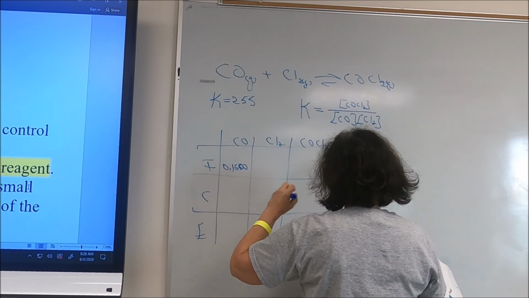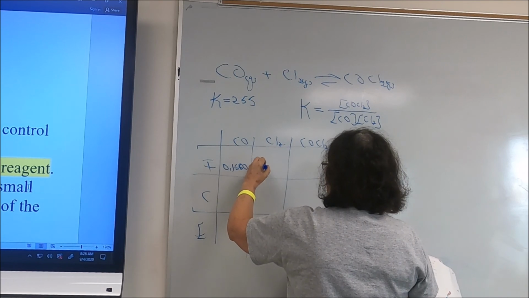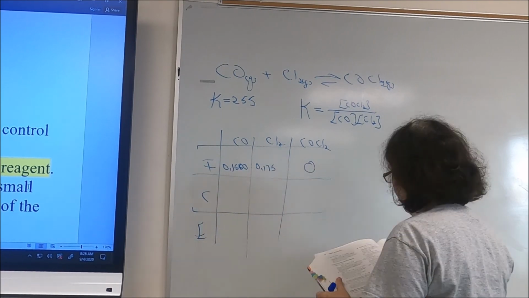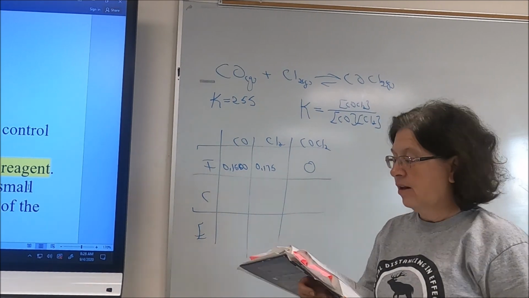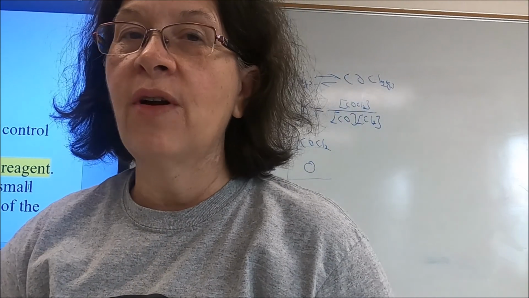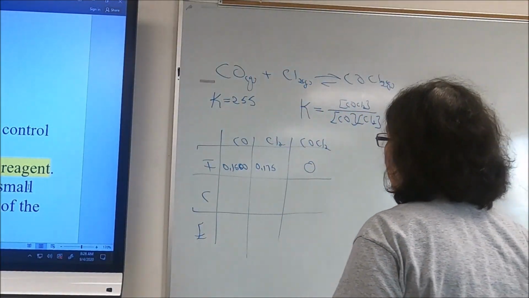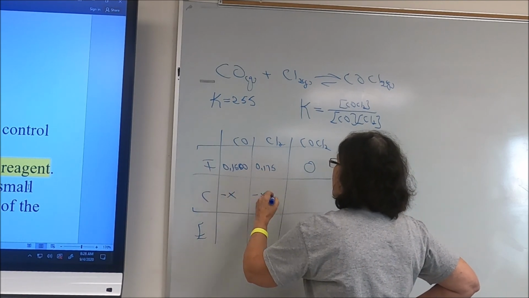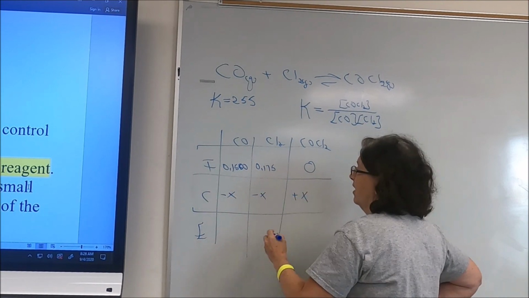The initial concentration of chlorine is 0.175 molar, and there's no carbon monoxide dichloride initially. It says, what are the concentrations of everything at equilibrium? Well, I know this is going to be minus X, and this is going to be minus X, and this is going to be plus X.